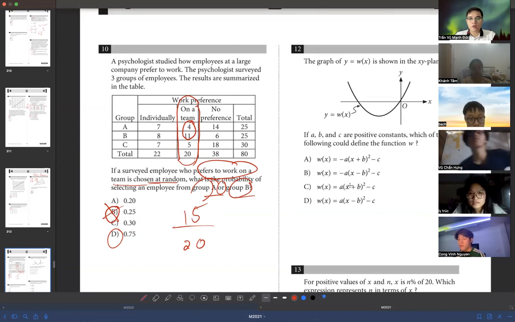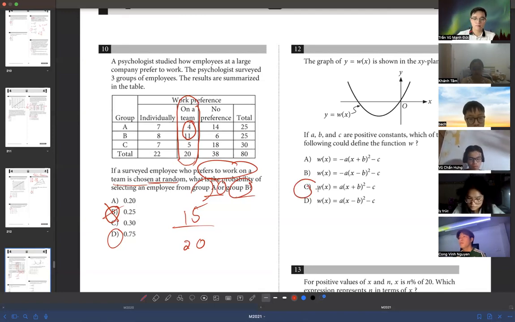12C. First off, can you tell me how you did this? I see that the vertex is on the left side of the y-axis, so x will be negative.